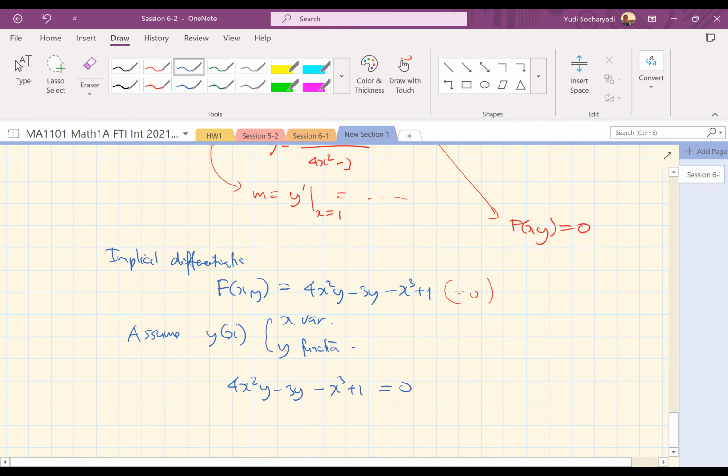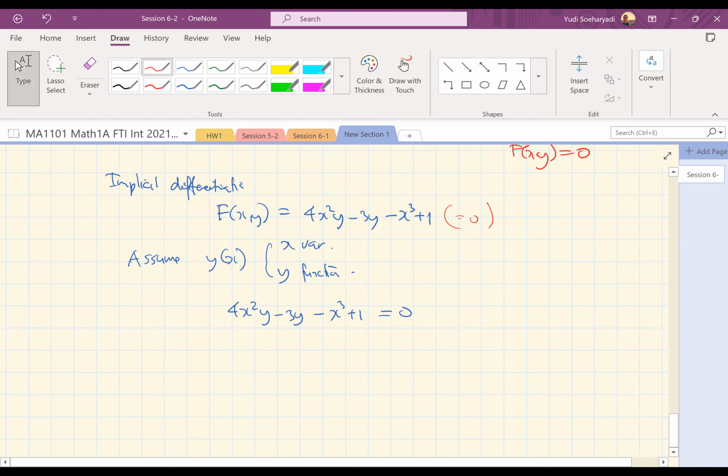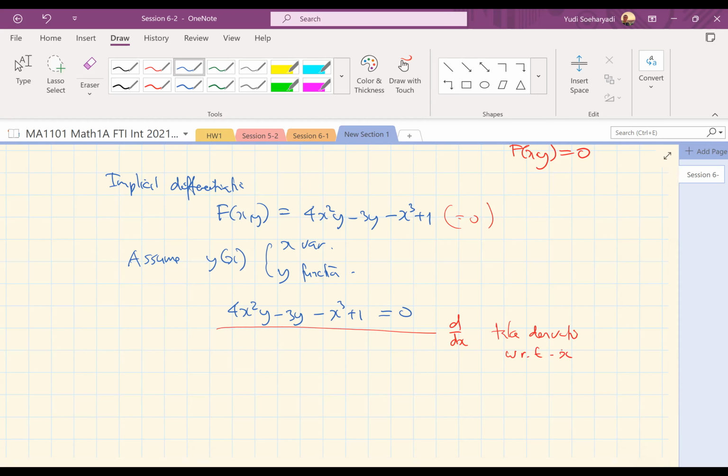Okay, so let's take the derivative with respect to x. Now this notation becomes convenient because it tells you to take the derivative with respect to x, not to y. Of course, you would later have a d over dy. Okay, so how do we do this one?